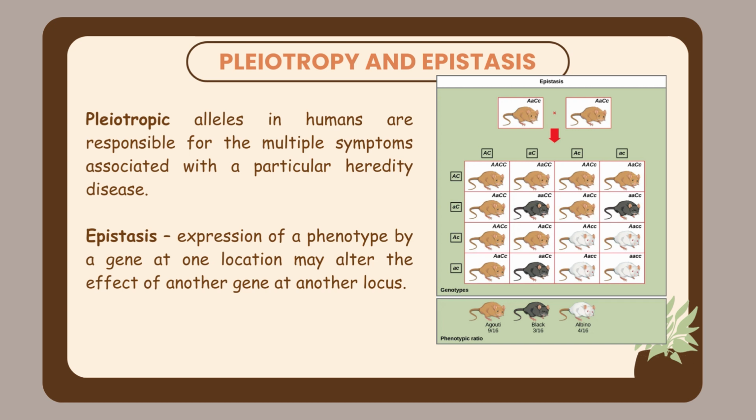Based on the figure on our screen, we have the possible parents of the first generation, either brown and black rats or brown and white rats as the first offspring.